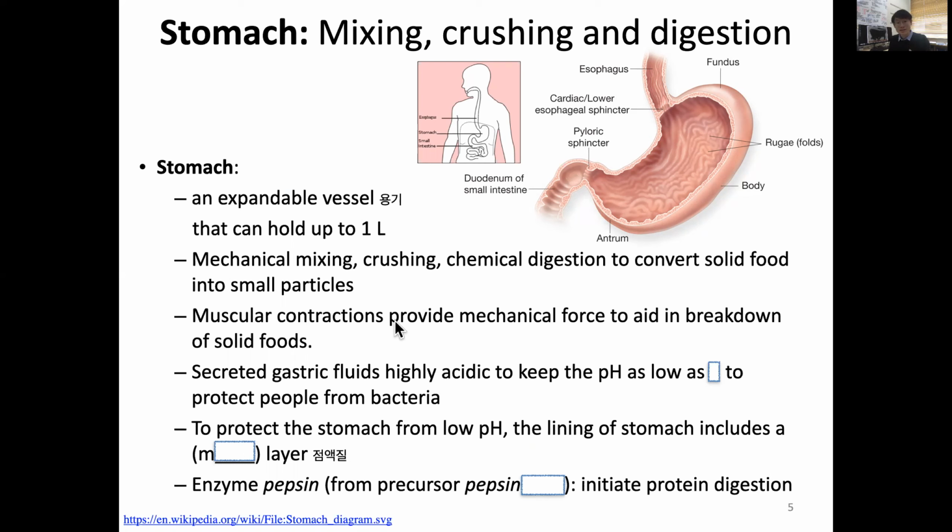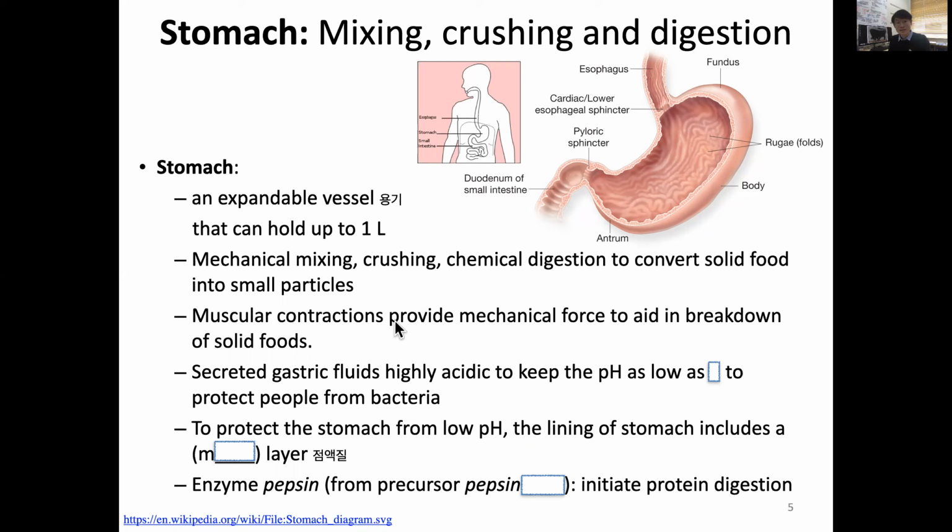So we have developed a very interesting strategy: for initiation of protein digestion, we secrete not the fully functional enzyme, but the precursor enzyme called pepsinogen. So ogen means it's kind of a precursor. So when the pepsinogen enters the stomach with this acidic environment, it converts into the fully functional enzyme called pepsin. Okay. So that can decompose peptone into amino acids.